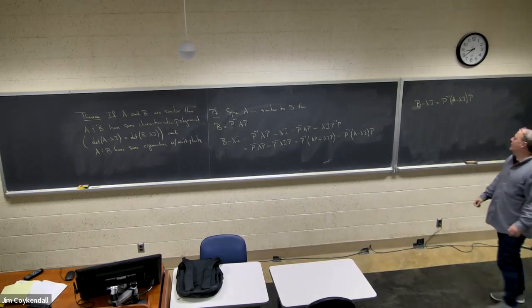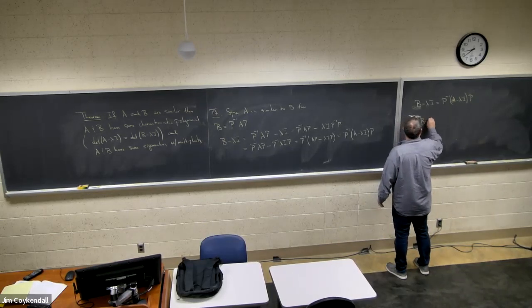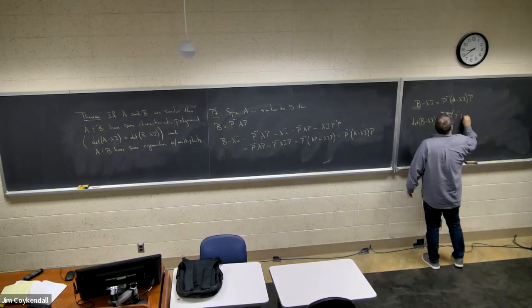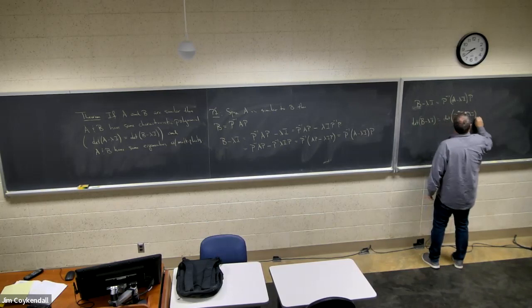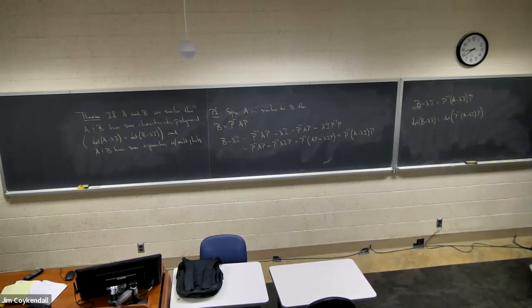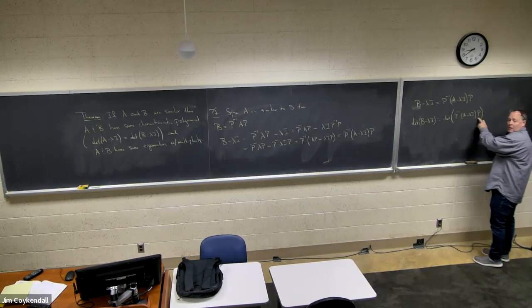Now take the determinant of both sides. Now, what can I do with the determinant? I've got a product of three things, Larry, Curly, and Moe here. What can I do with the determinant of these three things?